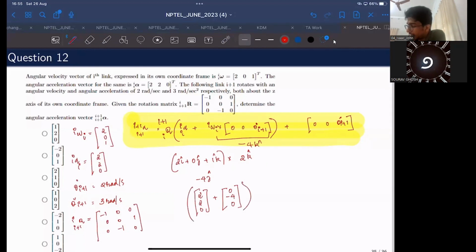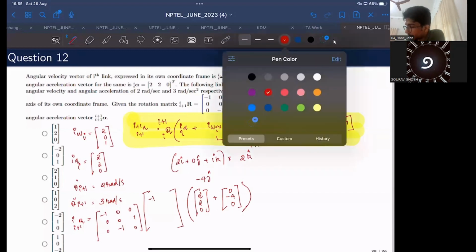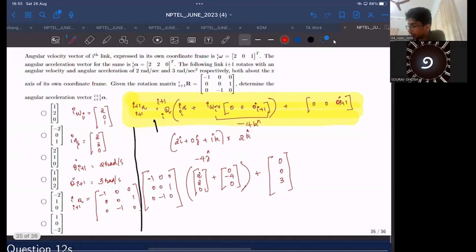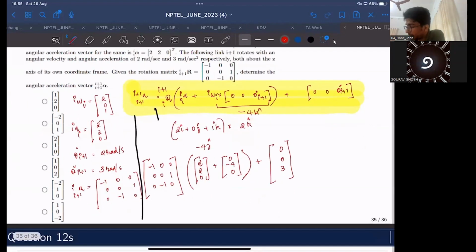And this end result will have to be multiplied by a rotation matrix, that is minus 1, 0, 0, 0, 0, 1, 0, minus 1, 0. This thing added with 0, 0, 3. Now, multiplying this thing, we will get 2, minus 2, 0.